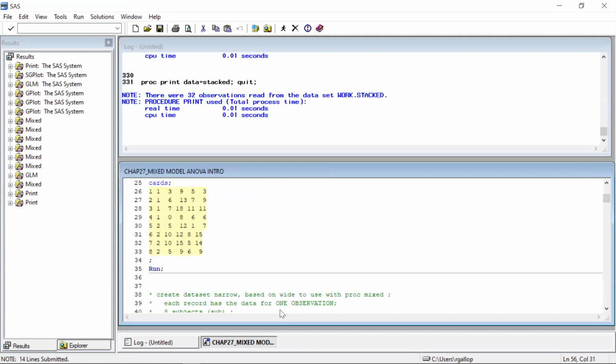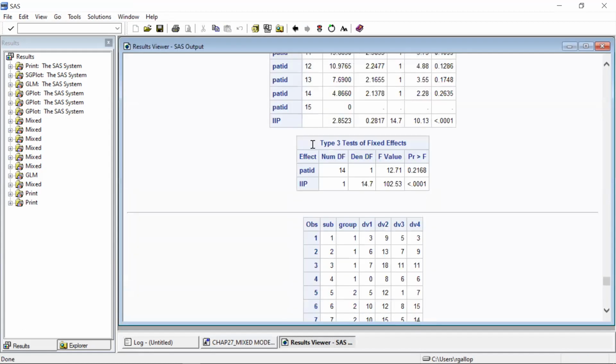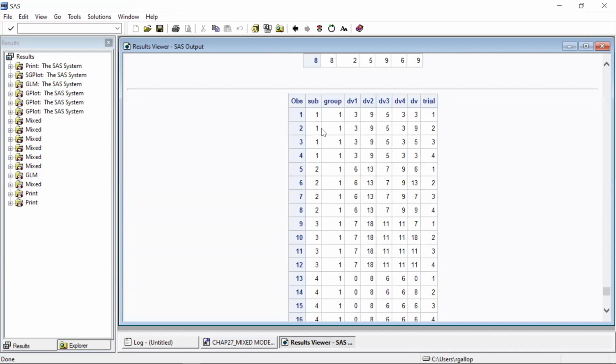If you look at these two back to back, here is our original data, but the stacked file takes DV1, DV2, DV3, DV4, and puts them down the column in that table.